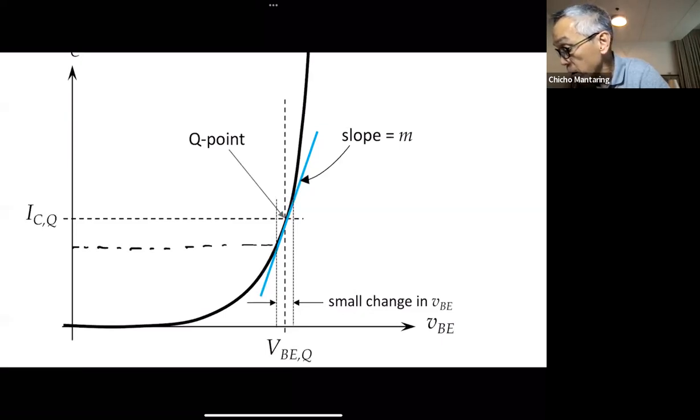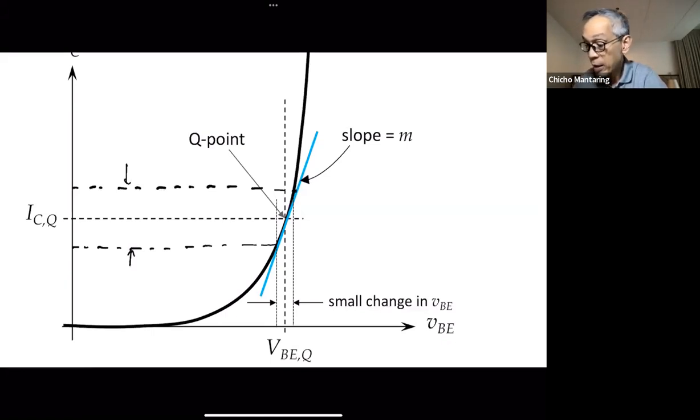So how will my output change? Okay, this is how my output will change. So this is going to be my I small c, the change in output with respect to my change in VBE.